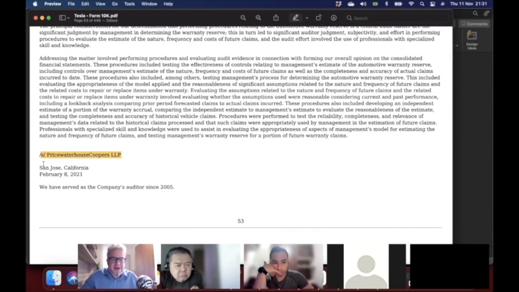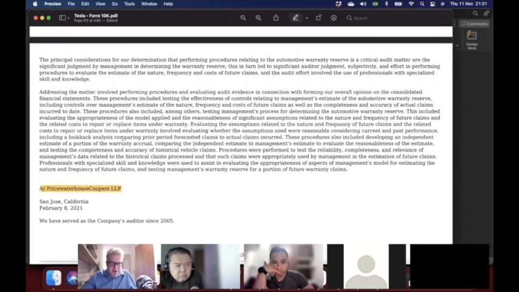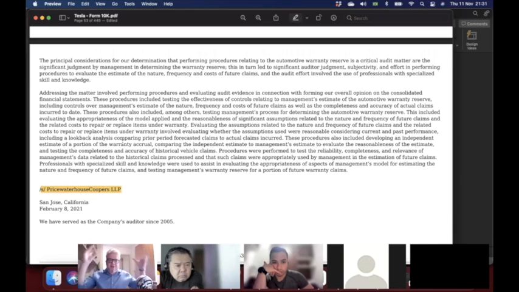Do you have any idea of what were the fees that PwC charged from Tesla to do the entire analysis? Does anybody want to guess? You can write in the chat here. How much do you think that they charge to perform the entire audit analysis and then to present the auditor's opinion?